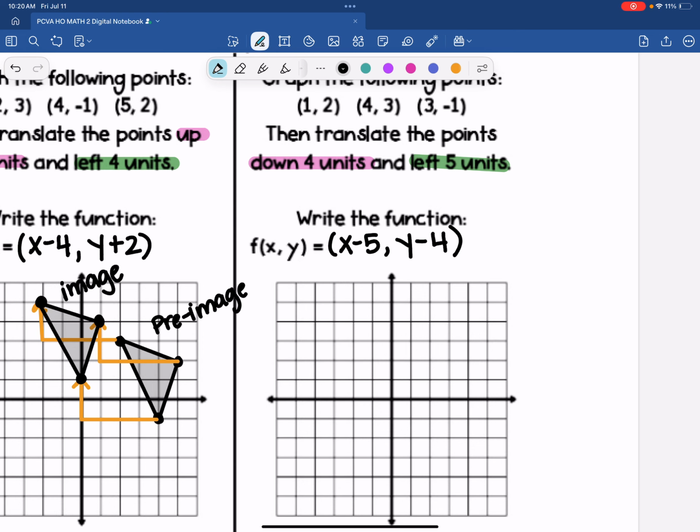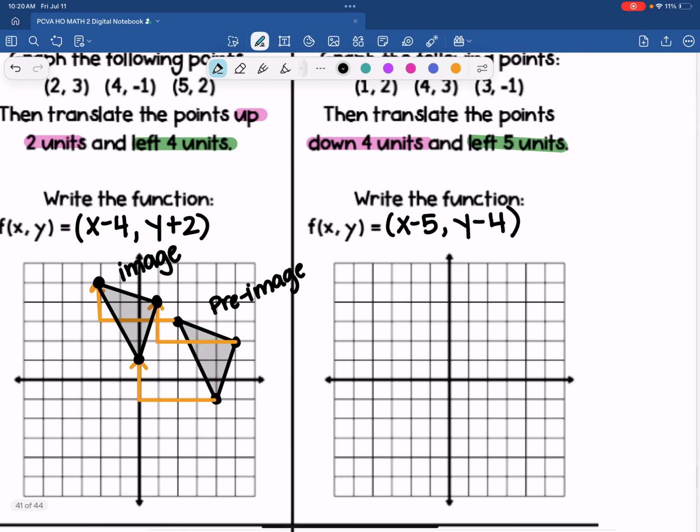Okay, so if I do my pre-image, and I'm actually going to make it a dash line in just a second, just so you can have some distinction here. So we're going to graph 1, 2, then we have 4 and 3, and then we have 3 and negative 1. Alright, so there's my pre-image.